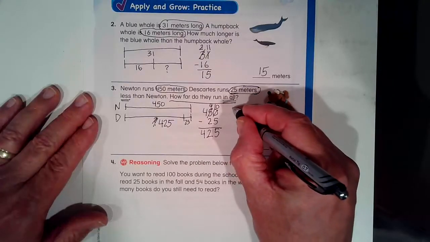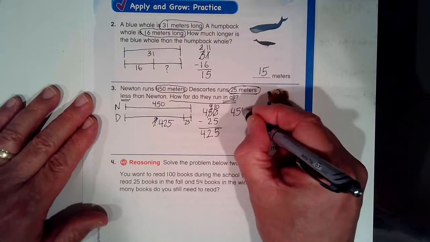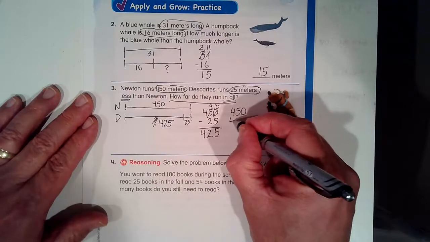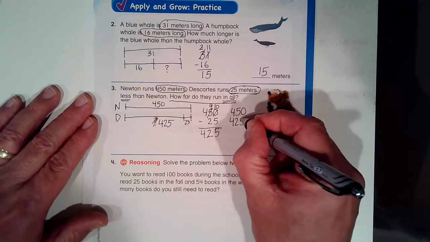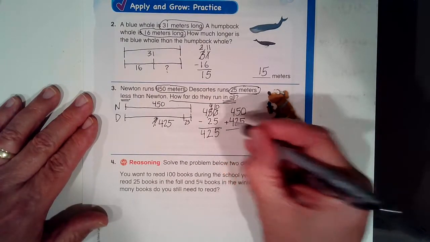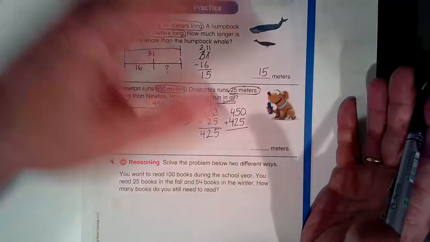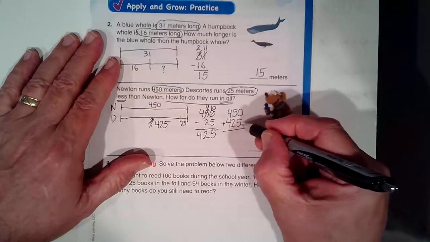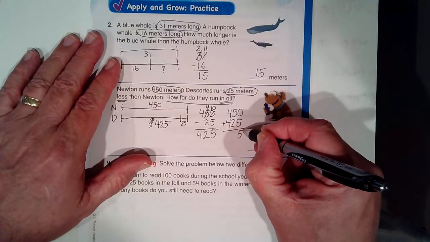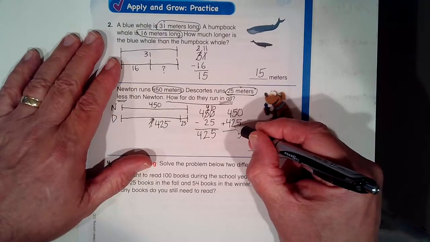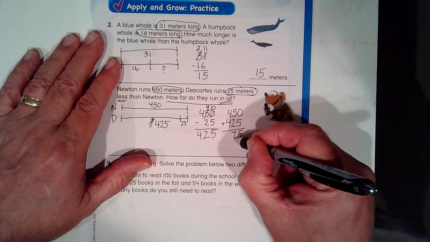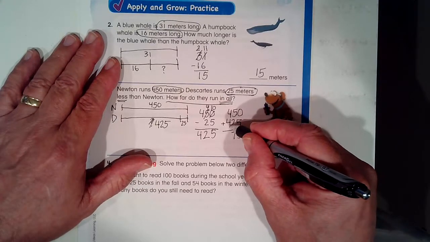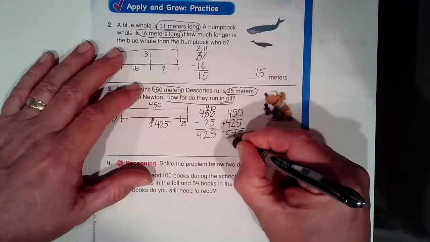So let me do that over here. 450 plus 425 is going to give us in all of them together. 0 plus 5 is 5. 5 plus 2 is 7. 4 plus 4 is a double. That's 8.